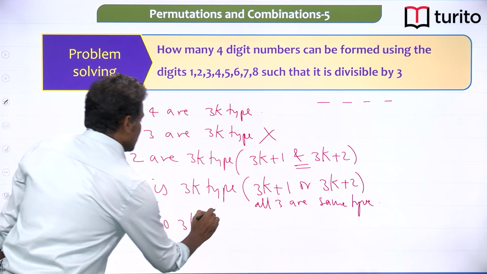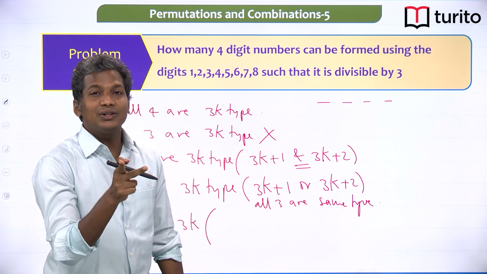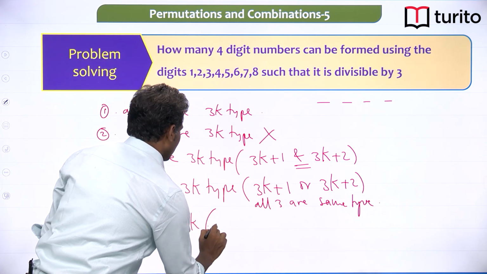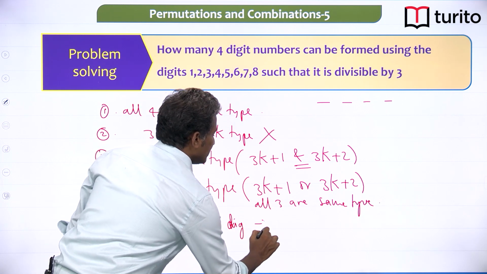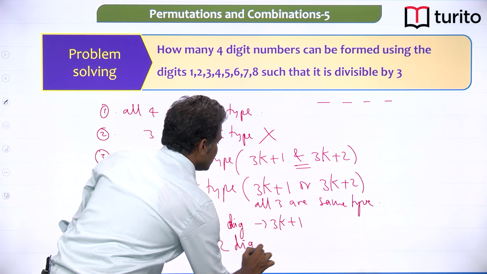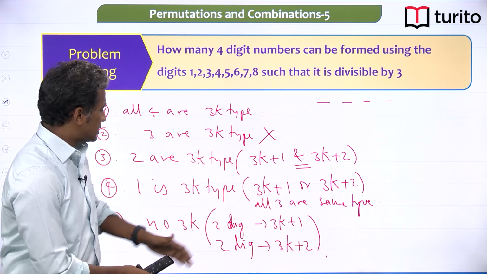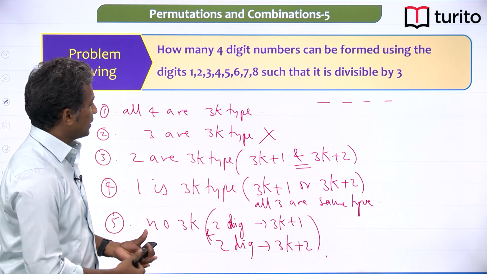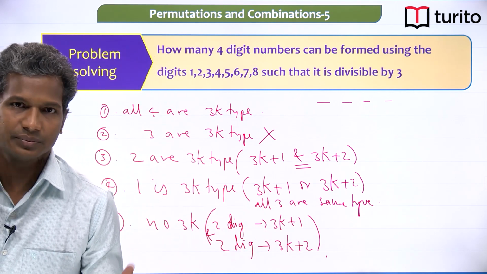Here 2 numbers must be of 3k plus 1 type and 2 numbers must be of 3k plus 2 type. This is one beautiful idea. So two digits must be 3k plus 1 and 2 digits must be 3k plus 2, and the relation between these two is AND. So by making these cases you can perform the calculation and solve it.